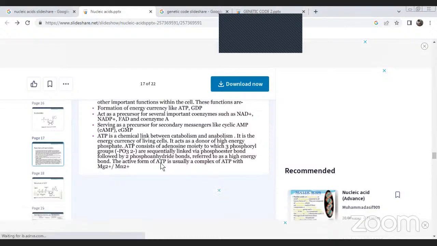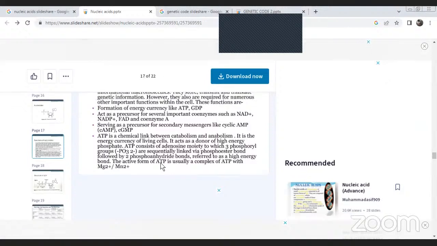It is the energy currency of the living cell. It acts as the donor of high-energy phosphate. ATP consists of an adenosine moiety with three phosphoryl groups sequentially linked via a phosphoester bond followed by two phosphoanhydride bonds, referred to as high-energy bonds.